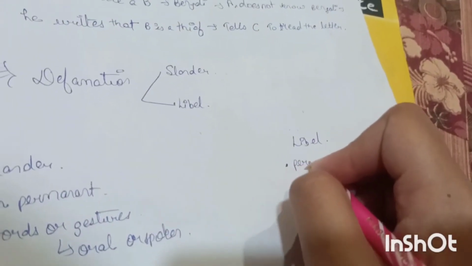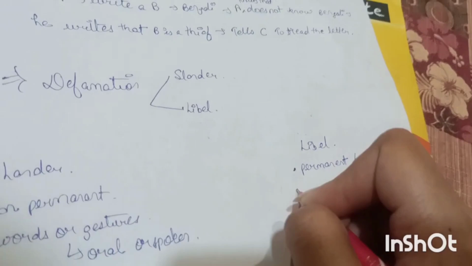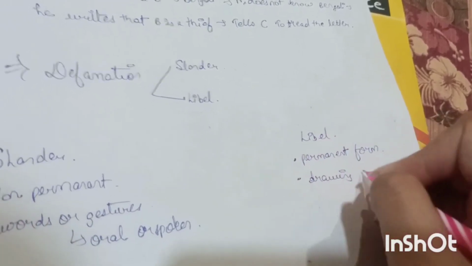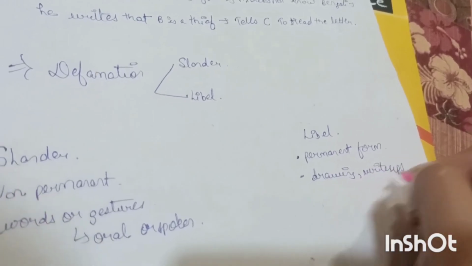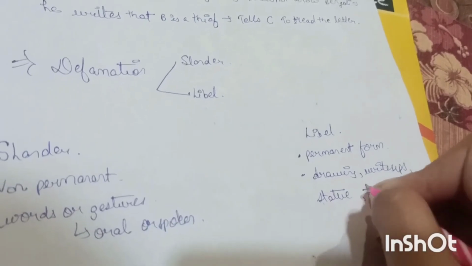And in libel, it is in permanent form, and it can be done through drawing, write-ups, statue, meaning written form.